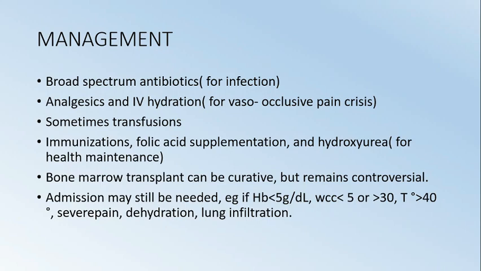So it helps reduce some of these complications and crises that we've been seeing, but it never achieved widespread use because of concerns of acute toxicity and also carcinogenesis. So it was not accepted, but it can be used in low doses.